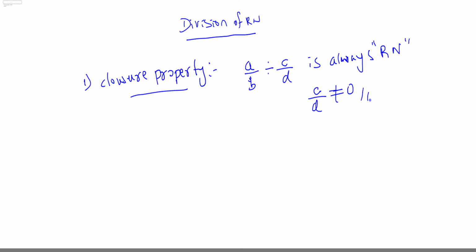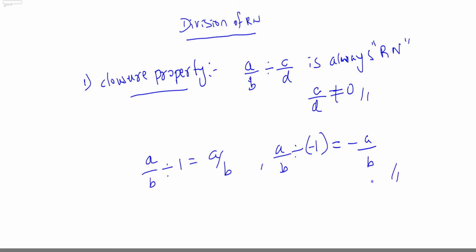Okay, this is one condition. The other thing is very simple: a by b divided by 1 is equal to a by b only. A by b divided by minus 1 is equal to minus a by b. These are the properties.